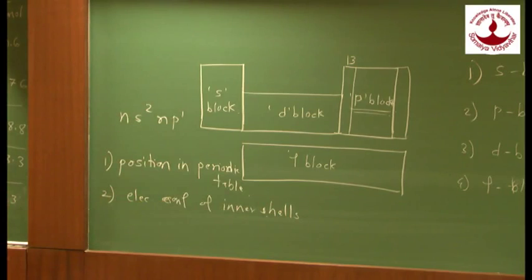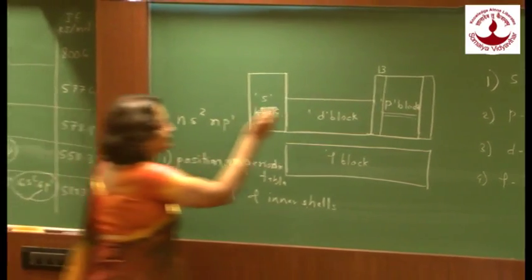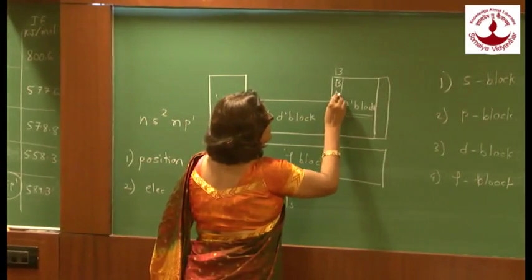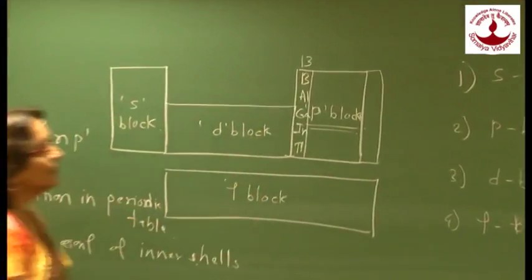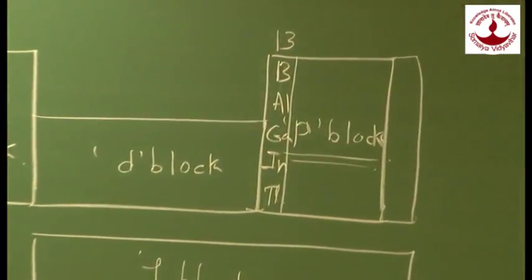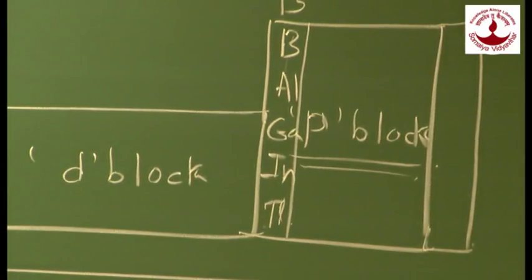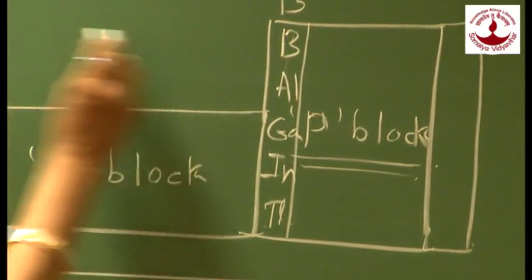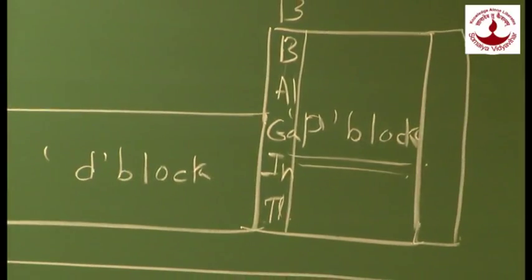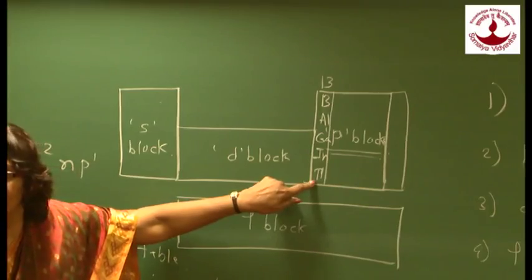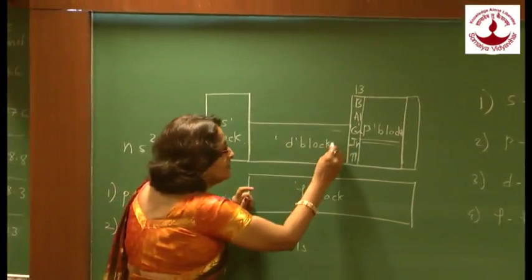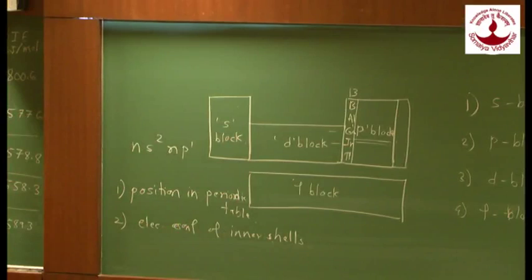When you consider boron and aluminium, the first two members of group 13, they immediately follow the S block elements. Whereas gallium, indium and thallium follow the d block elements, so they have electrons in their d subshell.